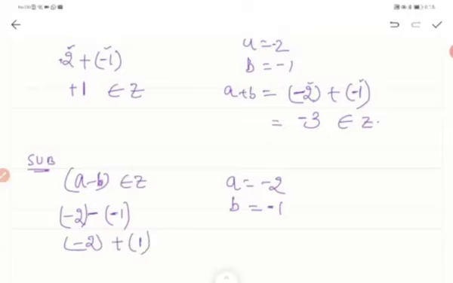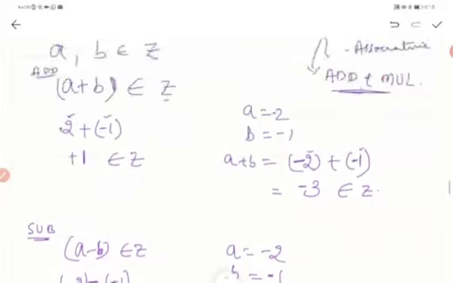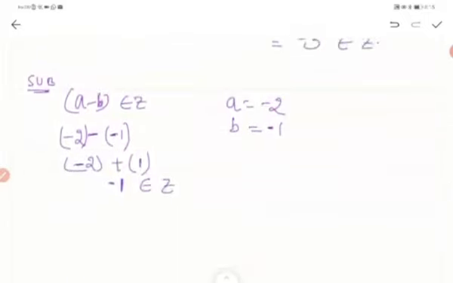So minus 2 plus minus 1 will be how much? 2 and 1, the sum is 3 and the sign will be negative. So this minus 3 belongs to Z. Yes or no? So closure property is true under addition and also subtraction.